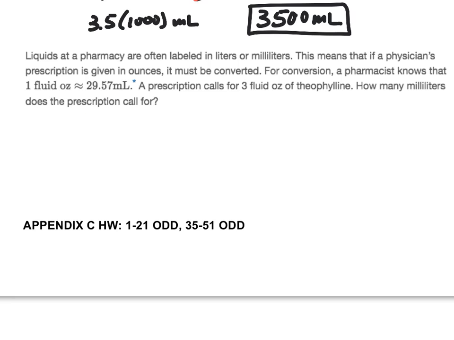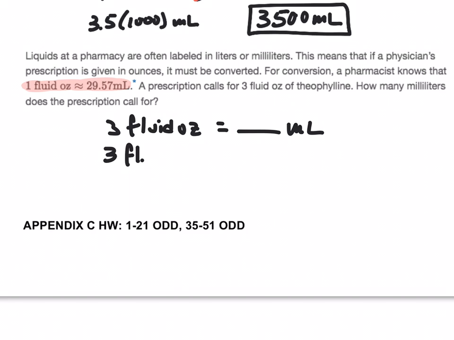So here's what I've got. If I'm trying to convert 3 fluid ounces into milliliters, I need to use this conversion right here, that 1 fluid ounce is approximately 29.57. So what I'm going to do is write 3 fluid ounces over 1.